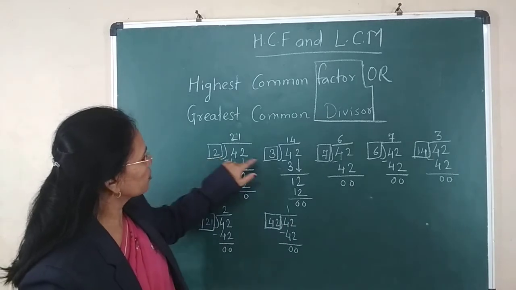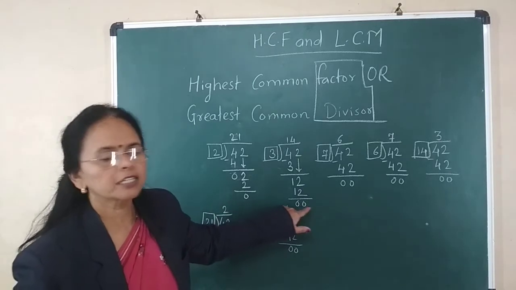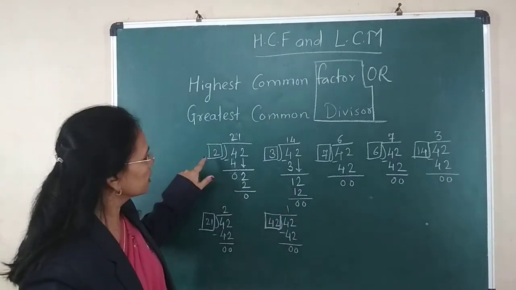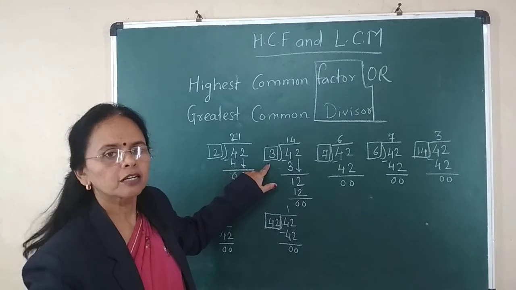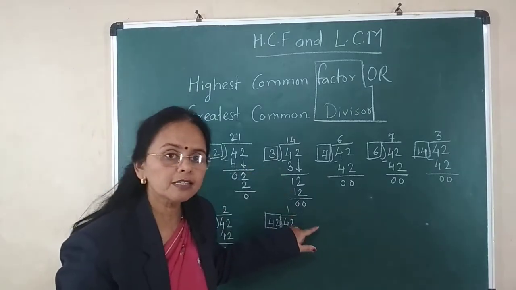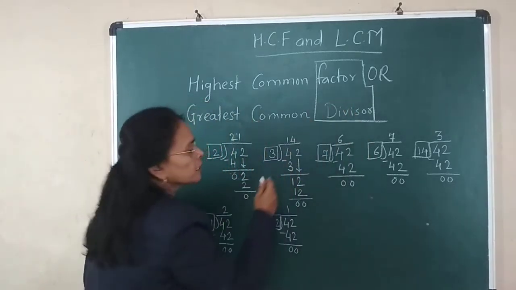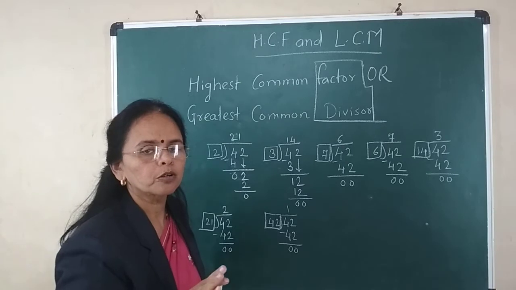These different numbers give the same result, that is the remainder is 0 here, and that's why the different numbers by which 42 is divided and the remainder is 0, those numbers are called as factors of 42.